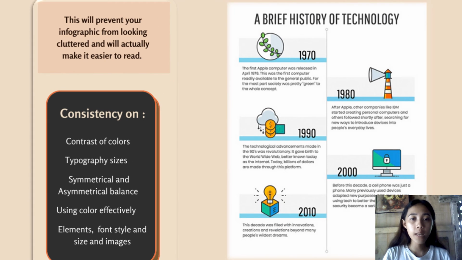So from the first topics that I have discussed, from the contrast, the typography sizes, symmetrical and asymmetrical balance, on how to use the colors effectively, color schemes, elements, font styles and sizes, and images, and also the graphics or the charts that have been discussed, it must be consistent because this will prevent the infographic from looking cluttered and will actually make it easier to read.